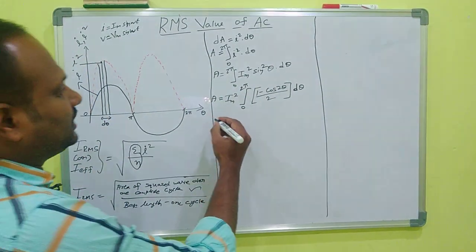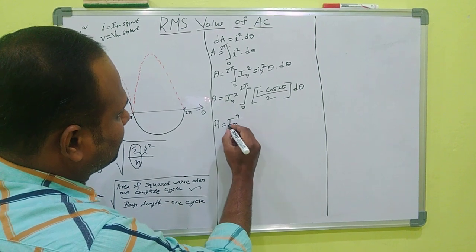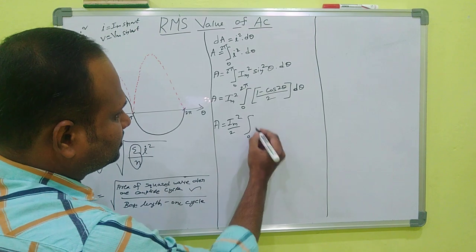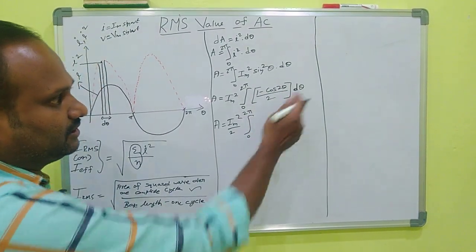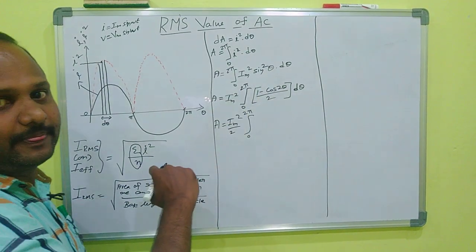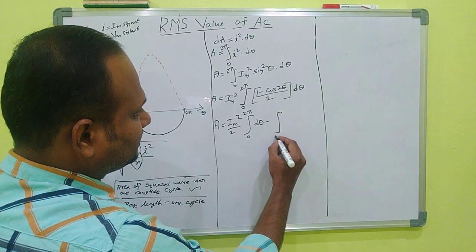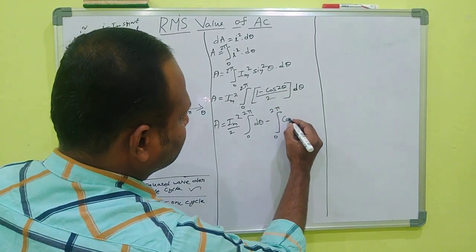The next step: area A is equal to Im square by 2, because this 2 is a constant. So the integral from 0 to 2 pi of 1 into d theta, minus the integral of cos 2 theta d theta, separated.